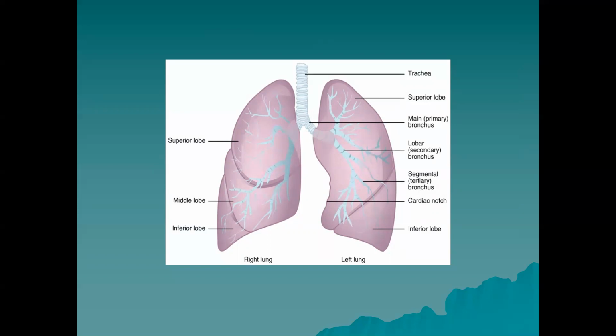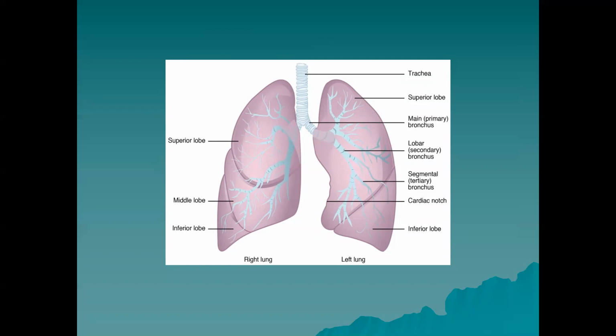The left lung only has 2 lobes, a superior lobe and an inferior lobe. So that's kind of strange, but that's the way it is. And then this figure says cardiac notch. The book has cardiac impression. Either one is good.